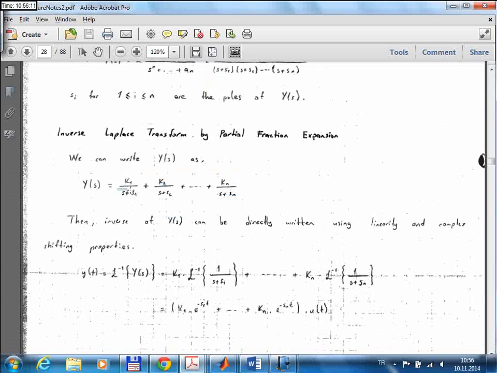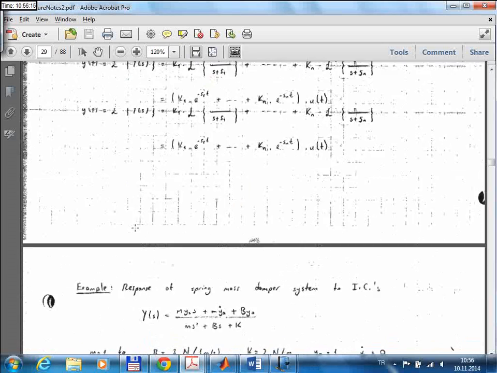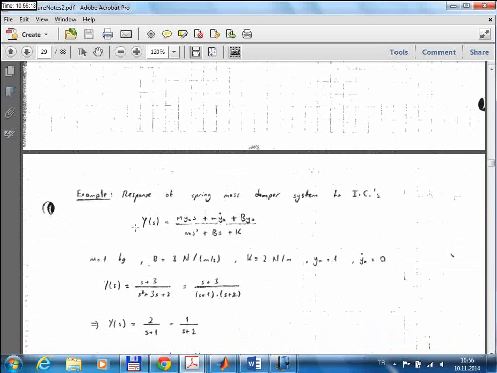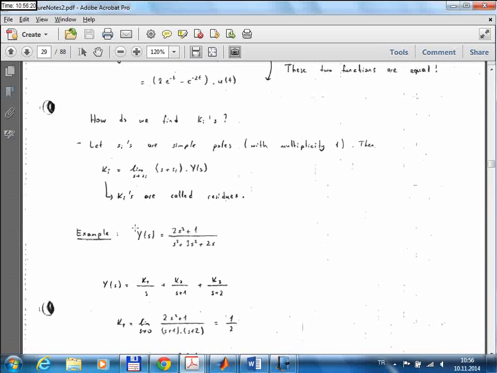If you know where the poles are, calculating the residues is easy manually. So we have a formula for that. So this is the formula to calculate the residues.